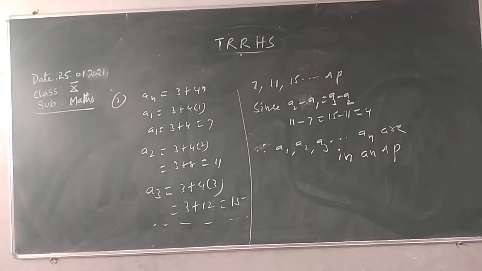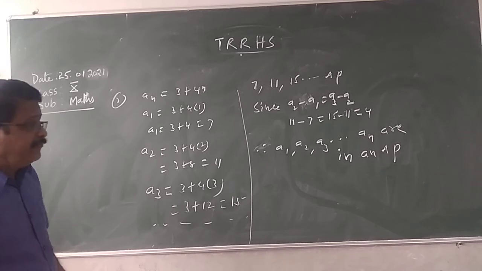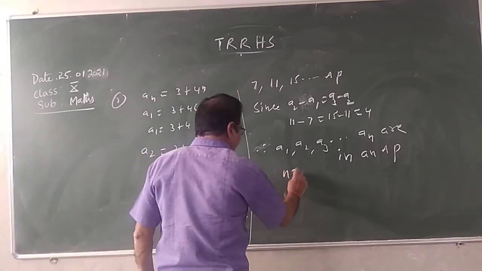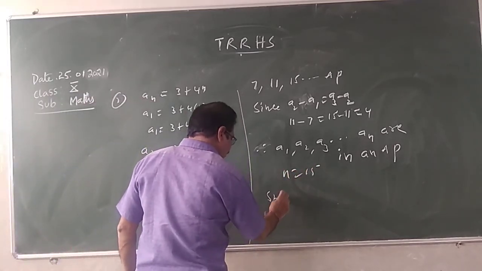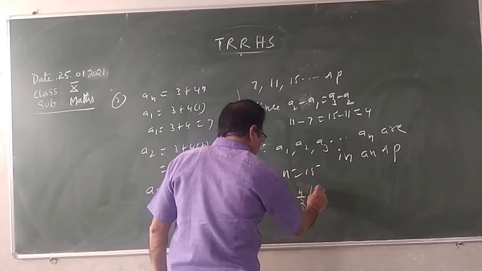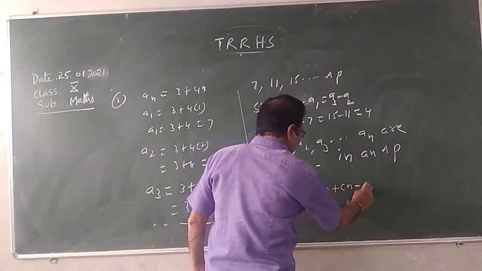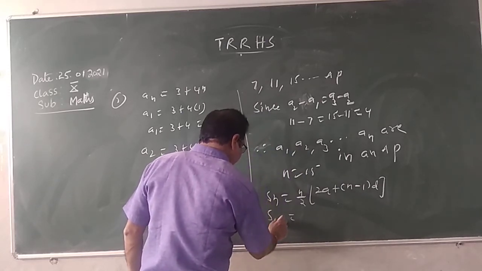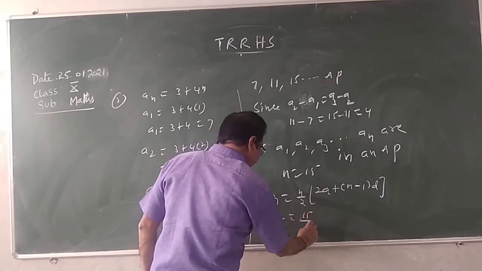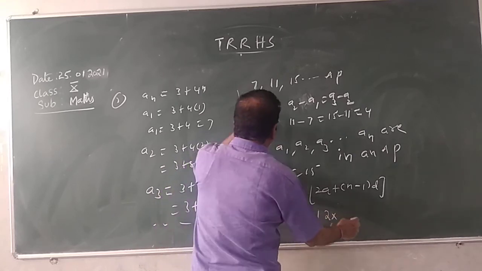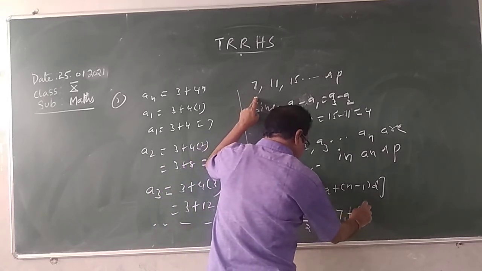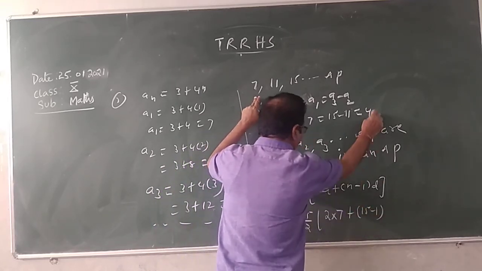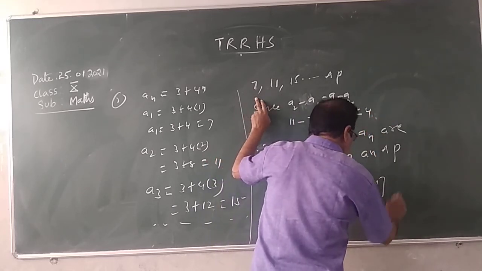In this, also find the sum of the first 15 terms. N is equal to 15. The Sn formula is n by 2 into 2a plus n minus 1 into d. So the sum of the 15 terms: put n is equal to 15. 15 by 2 into 2 into a, where a is 7, plus n minus 1, 15 minus 1, into d, the common difference, which is 4.